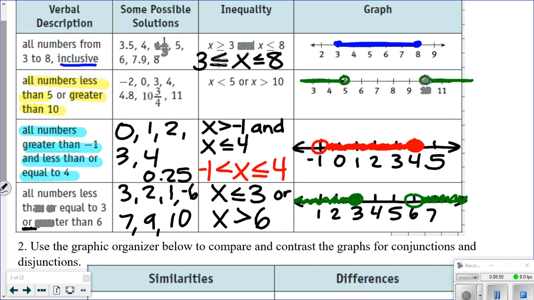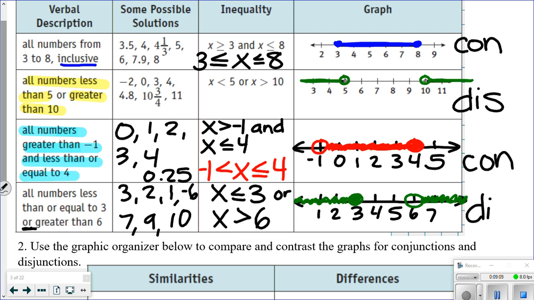This right here is considered a conjunction because we use the word and, and we're shaded to where they connect. This is a disjunction because we use the word or, and we shade it apart. They're disconnected. Conjunction, disjunction.